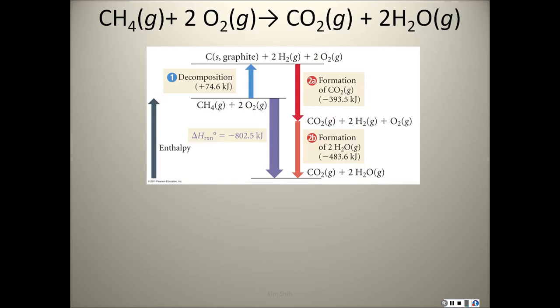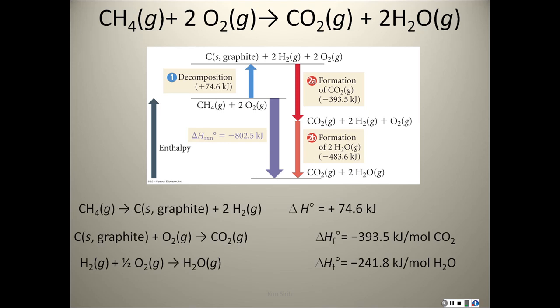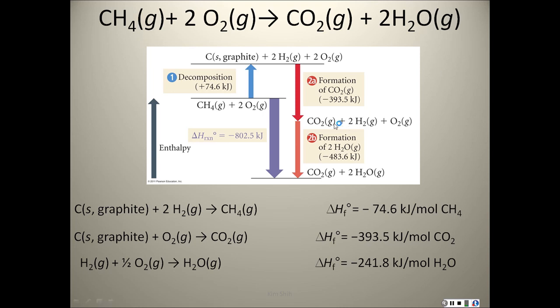I hate the way this looks. This is ridiculous. So let's just look at this. Okay. So if we look at this particular crazy chart, what we're looking at is CH4 plus O2 yields CO2 plus H2O. Okay. So enthalpy in this direction. First, they're talking about the decomposition of CH4 to O2, it's exothermic.